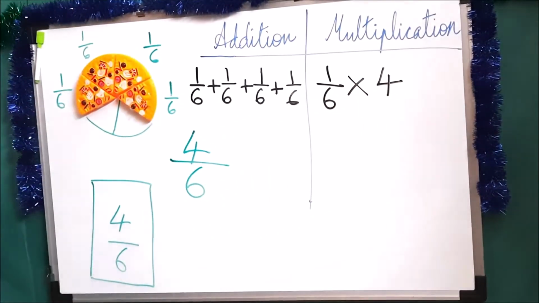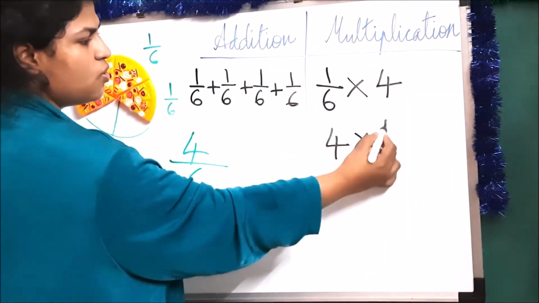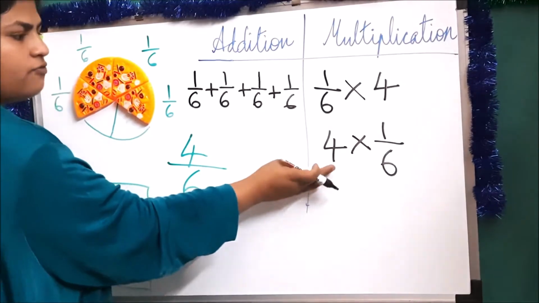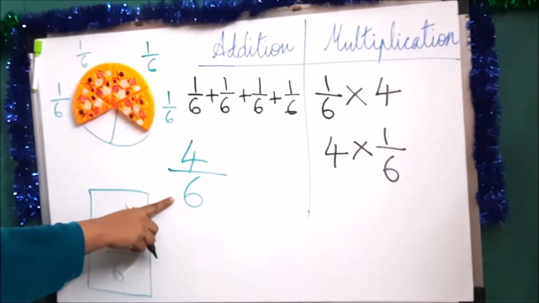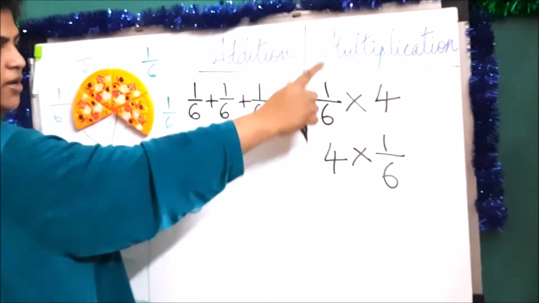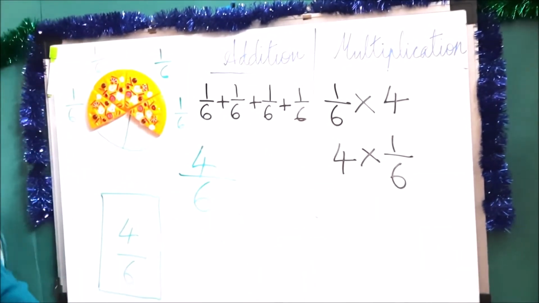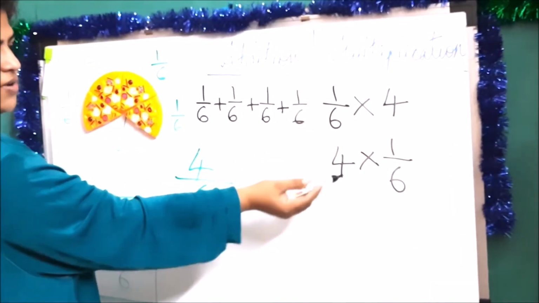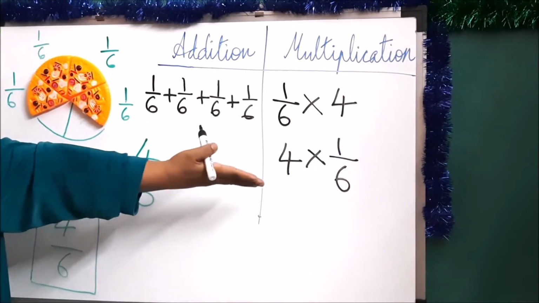Or else we can even write it as 4 into 1 upon 6. 4 times I took 1 upon 6. So 4 upon 6 in multiplication form will be written as 4 into 1 upon 6. You can write it like this or like this. So this is how we write it in addition and in multiplication.